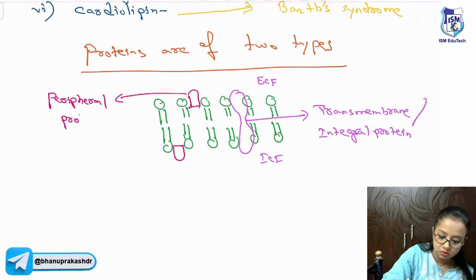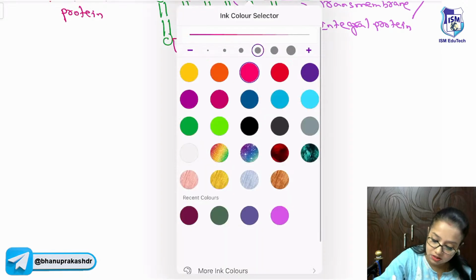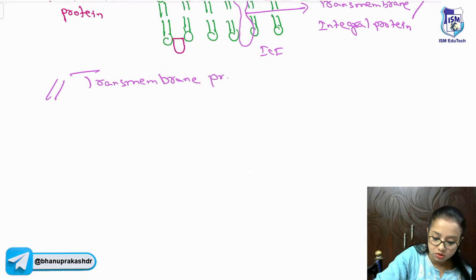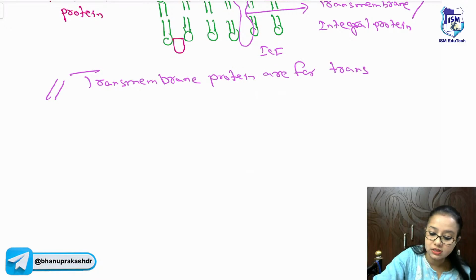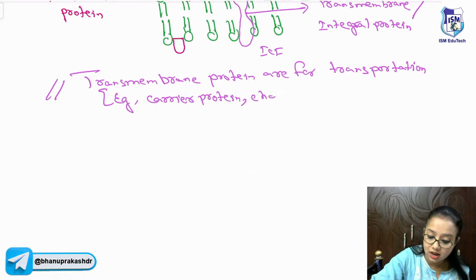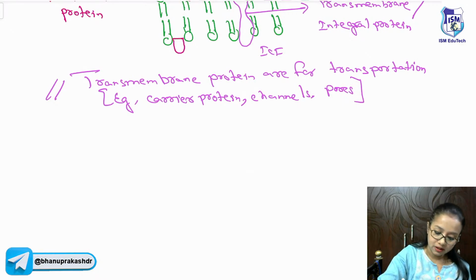Such proteins are called peripheral proteins. Now, what is the physiological importance of peripheral proteins and transmembrane proteins? Transmembrane proteins are for transportation. They act as carrier proteins, channels, ports, all these passages.